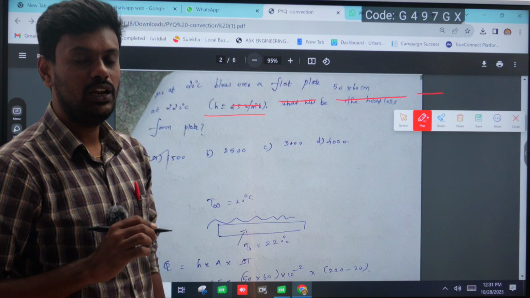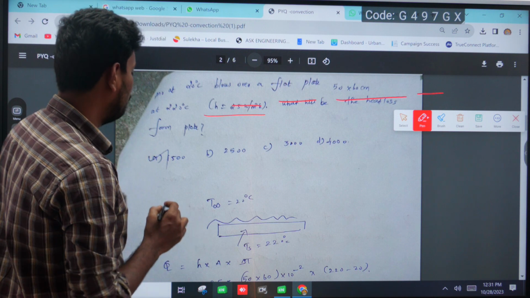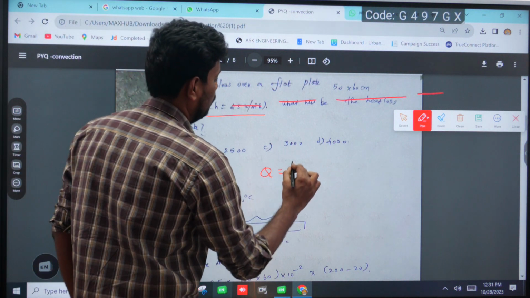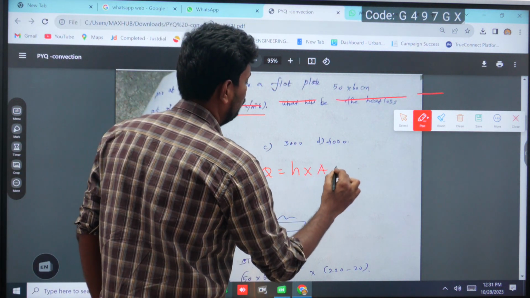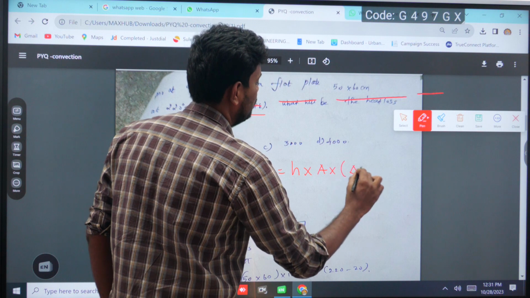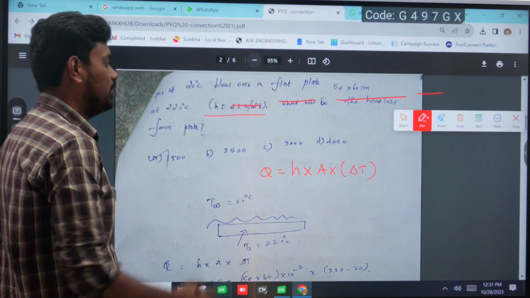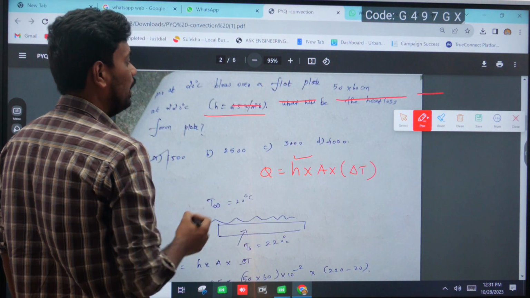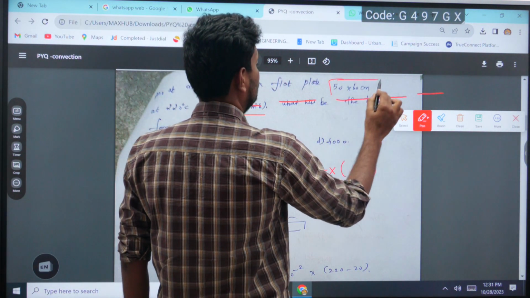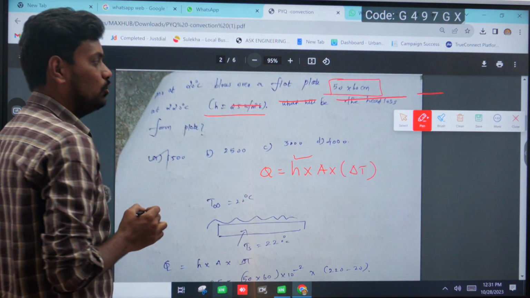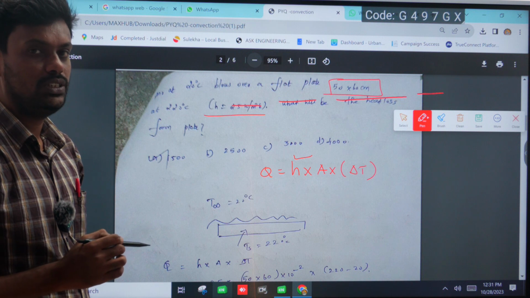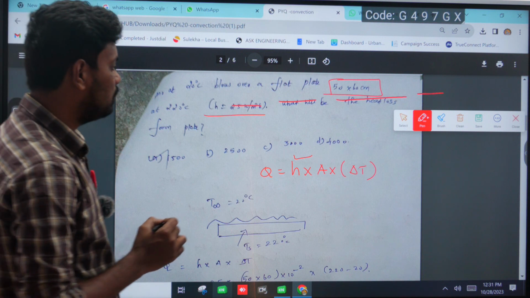So what is the governing law for convection? Q is equal to h into A into delta T. Delta T is the temperature difference. So the h value is given, right? For area they have given 50 cross 60. This is a rectangular plate, so area is L into B, 50 into 60, and if you put that, you will get the area of the plate.